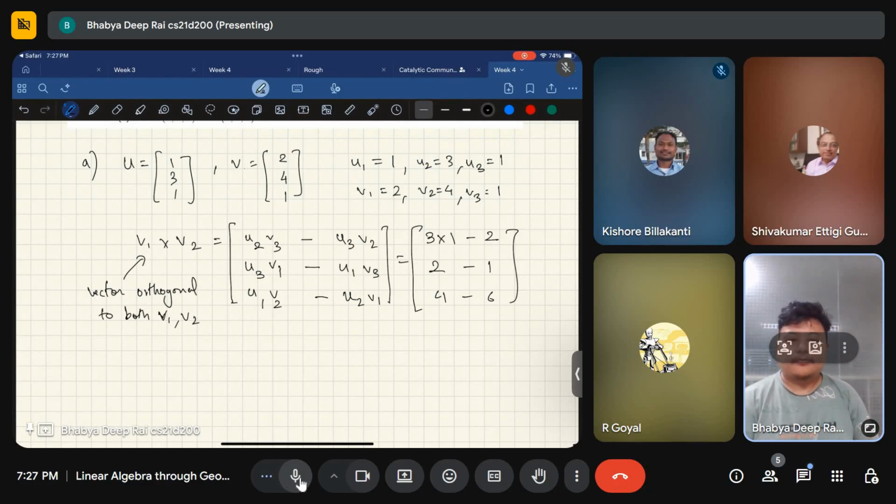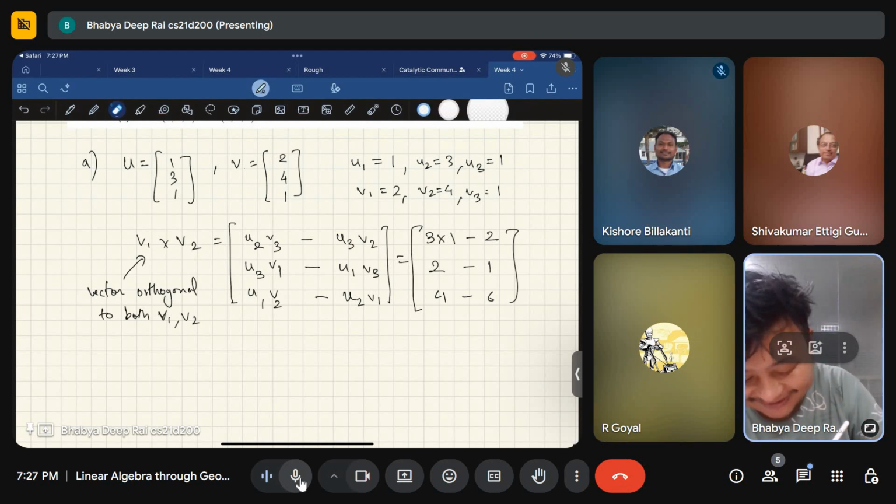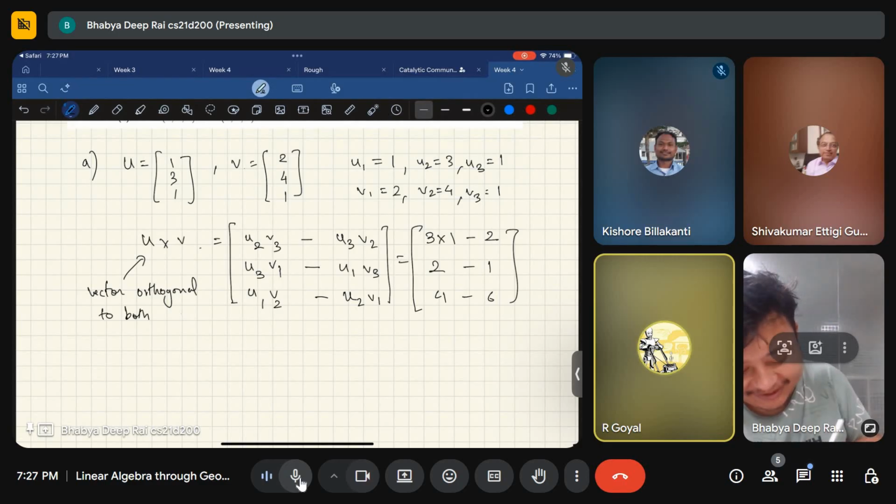But then what are V1 and V2 here? We have been given U and V. Sorry, I forgot to replace this. UV, right. So then, is this a standard formula to compute the cross product? It is.